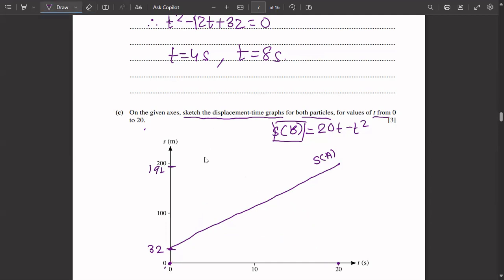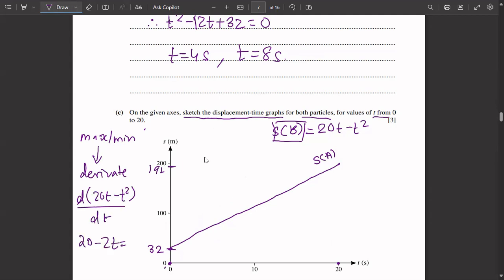In order to find a maximum or minimum point of a graph, we differentiate the equation. So let's differentiate 20t minus t square. This will give us 20 minus 2t, and we'll equate this to 0, because differentiation means finding the gradient, finding m. M is gradient. The gradient at the maximum point is always 0.